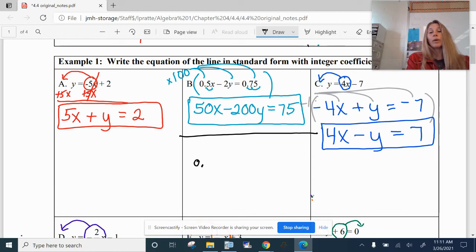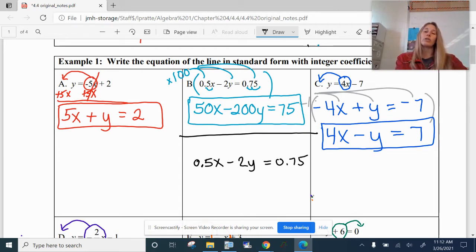So if I have 0.5x minus 2y equals 0.75, I'm pretty sure I probably could get an equation with smaller numbers than 50, 200, 75, because if you'll notice, all of these are divisible by 25. Okay, they're all divisible by 25.